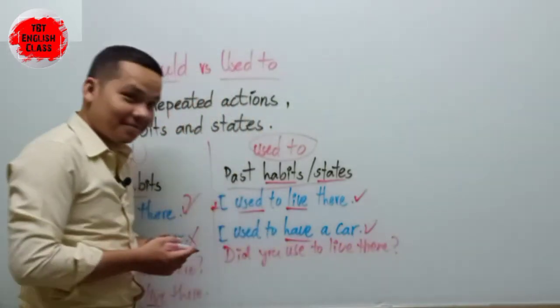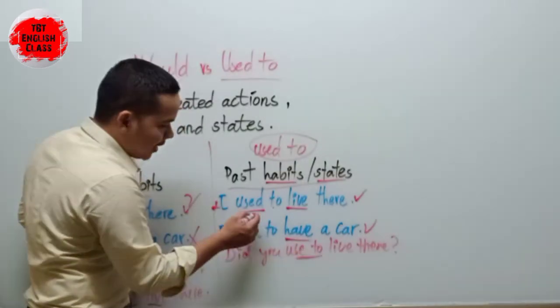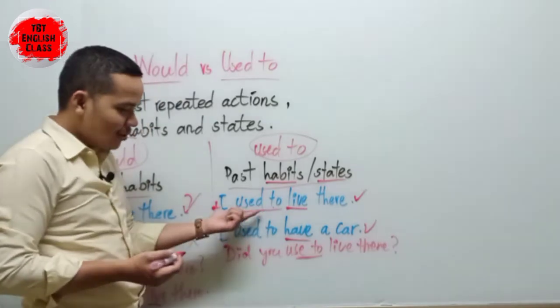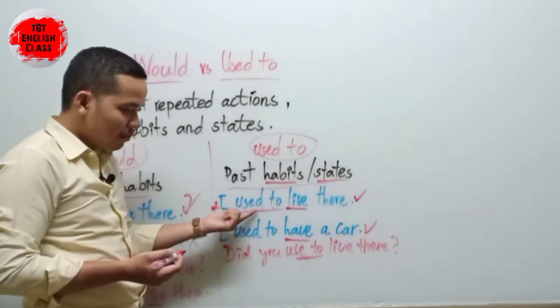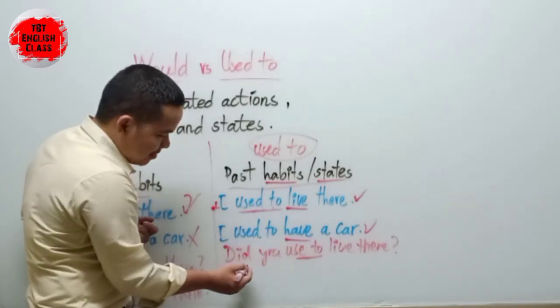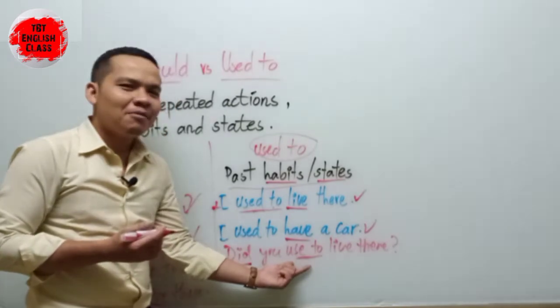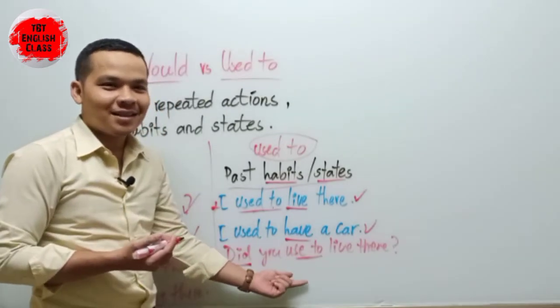You see? So what is the difference between used to here and use to here? Used to here, you see D at the end of this verb used. But this one, I don't use D anymore, but I use did. So we keep the base form use to, but we still talk about past habit or past action the same.